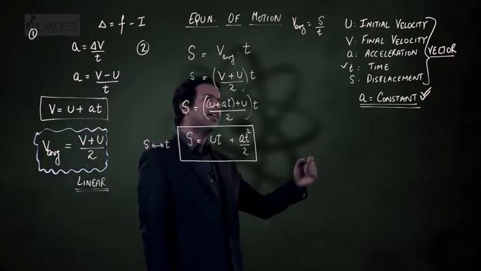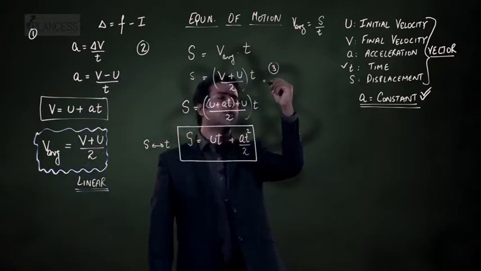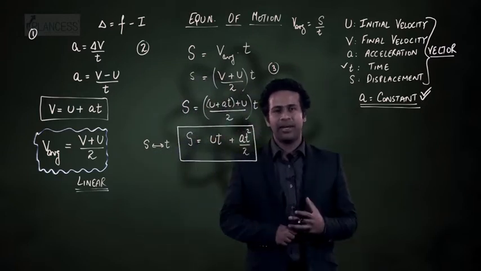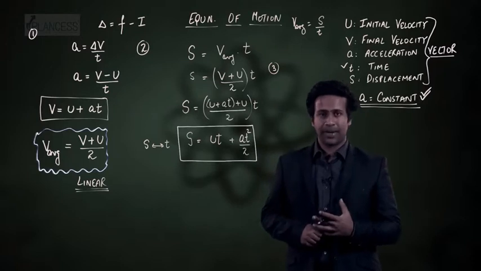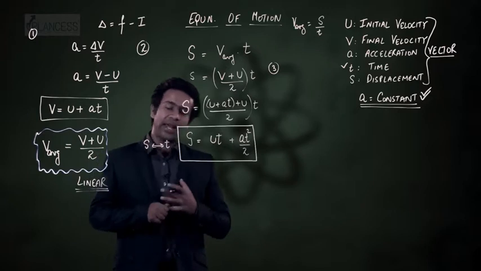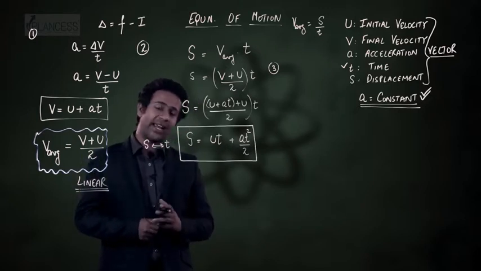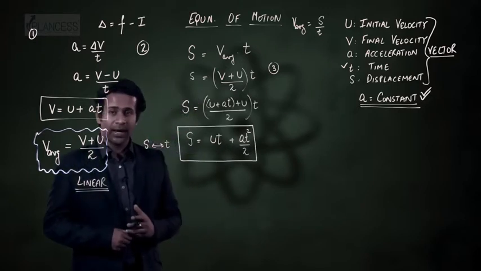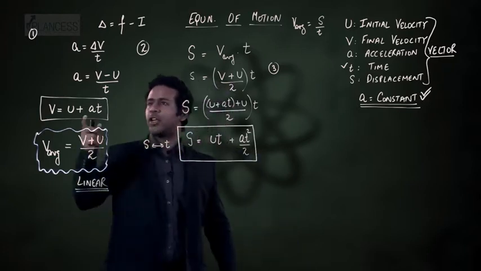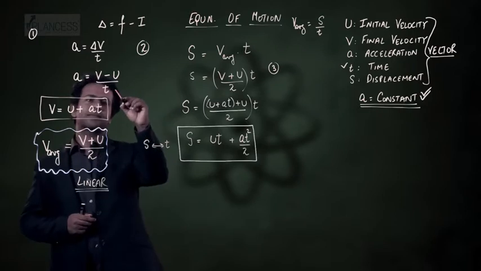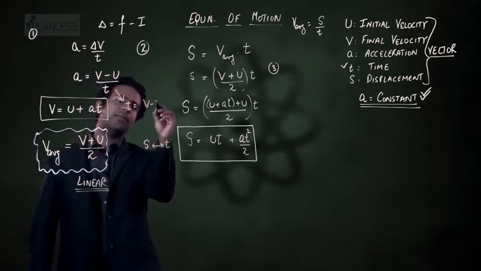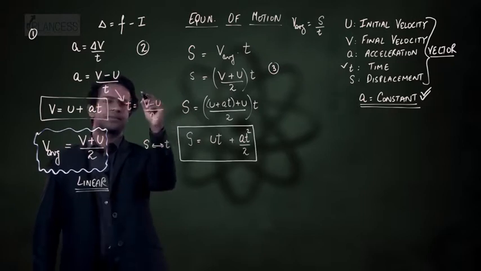Now coming to the third equation. In the third equation, we are basically trying to relate these parameters without including time. So to do that, we are going to eliminate time from the second equation. And how can we do that? We can do that with the help of the first equation. If you rearrange it, you could write that time is equal to (v minus u) by a.